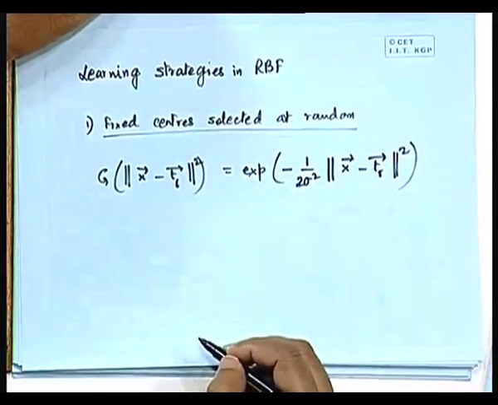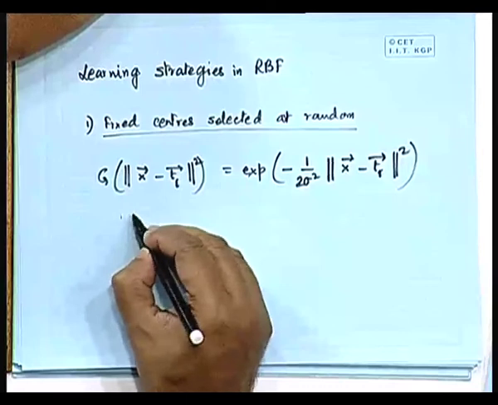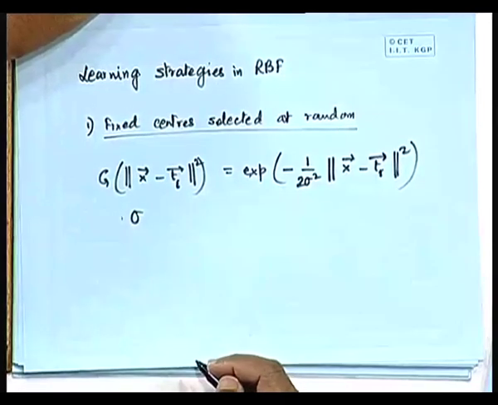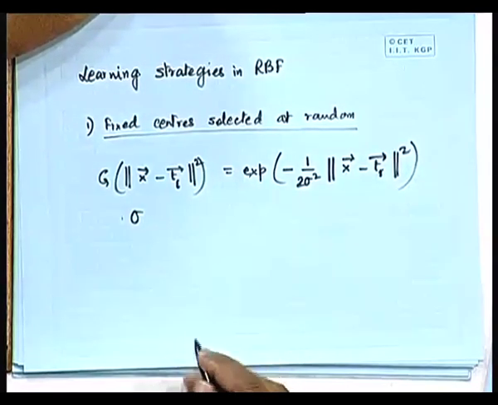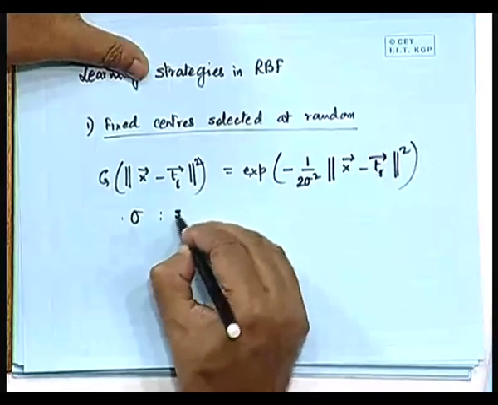Is it correct? Where sigma happens to be the standard deviation of the Gaussian function.